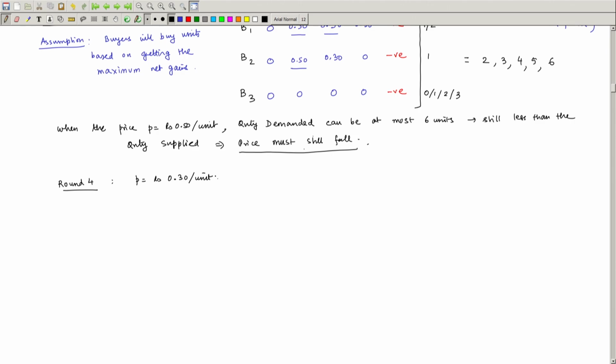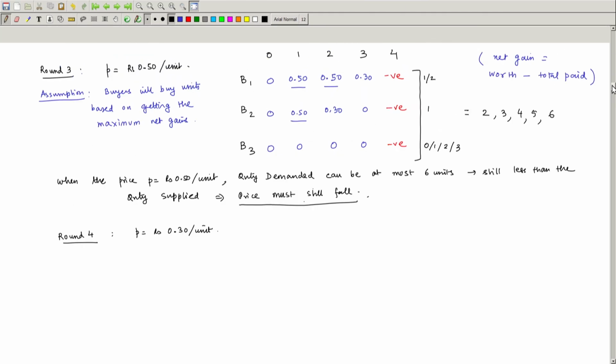Okay. And you will find something interesting about this price, just as even the price of 0.5 was interesting, right. So, let us just repeat this: B1, B2, B3, 0, 1, 2, 3 and 4 units, and these numbers continue to be 0 as before.